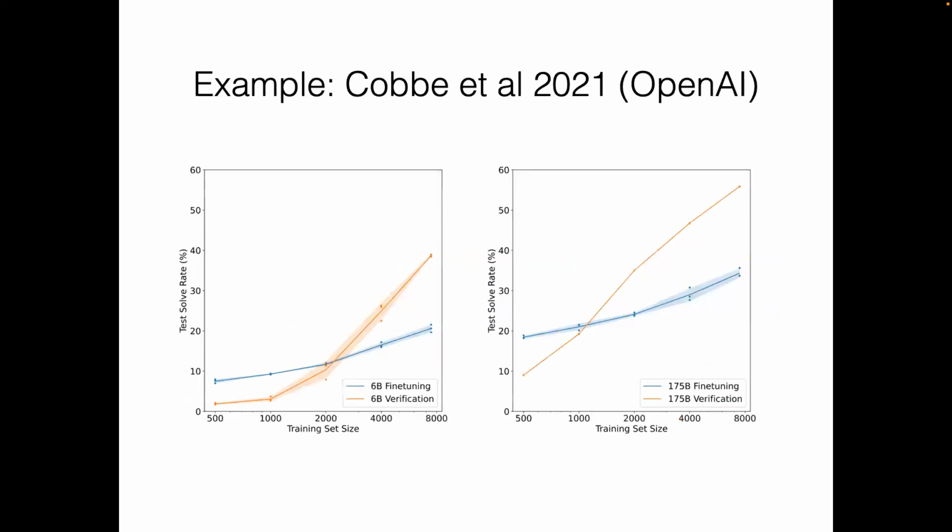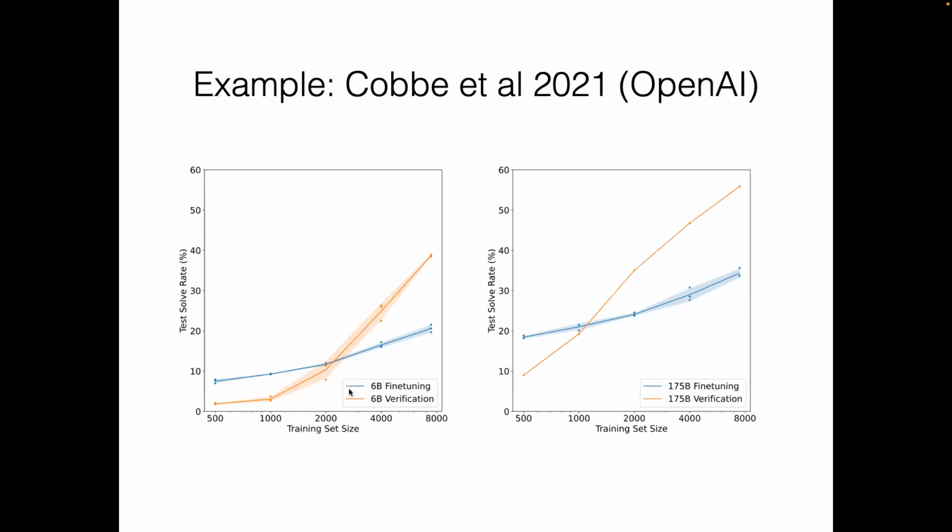So here's one of the main results. Let's take a look at what is here. On the x-axis, they have the size of the training set. I guess they're interested in seeing how much data you need.